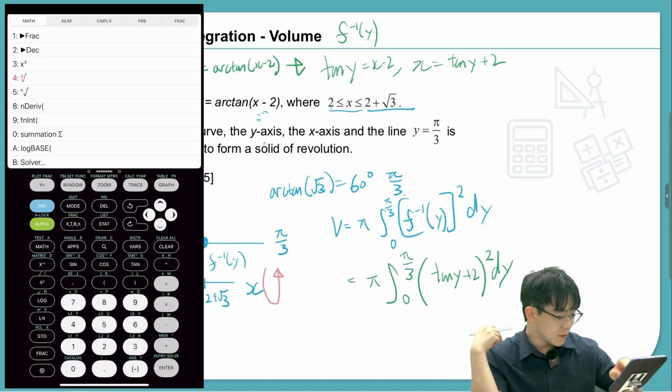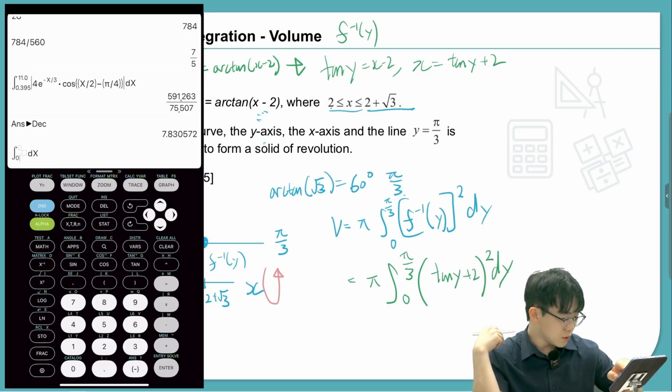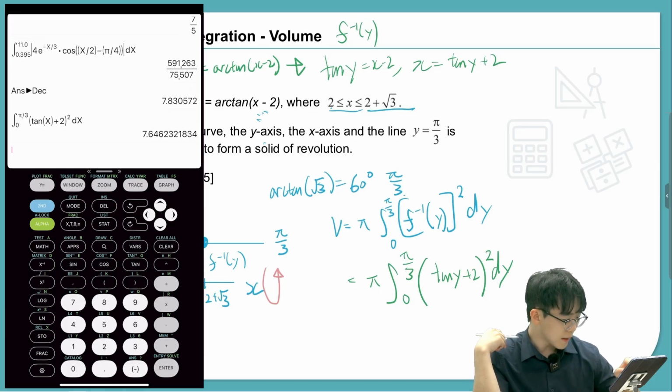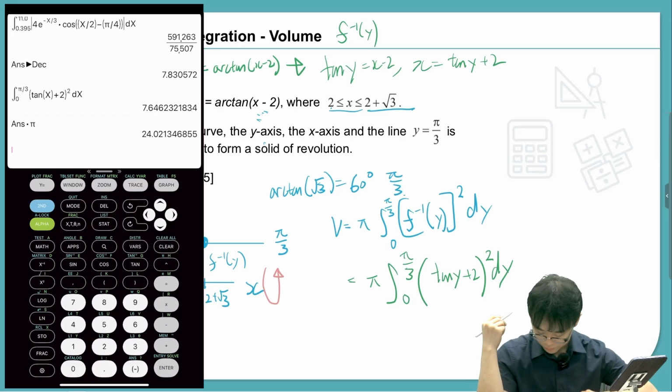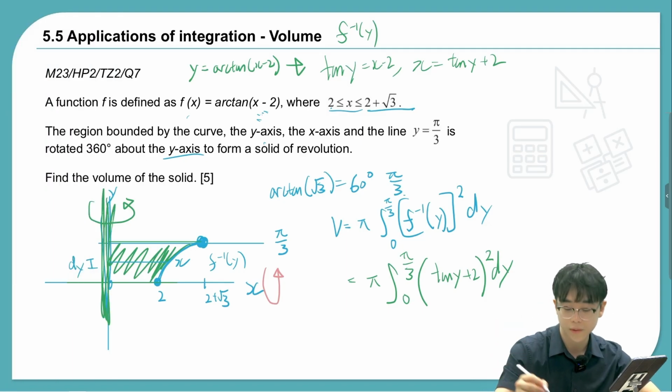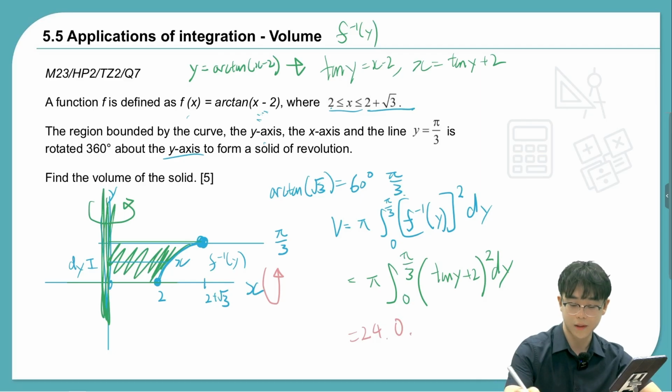So let's integrate from 0 to pi over 3 of tangent y plus 2 squared, and then we multiply pi to the whole thing. So that would give you 24.02 or roughly 24.0. Okay, so that's how you would do number 7.